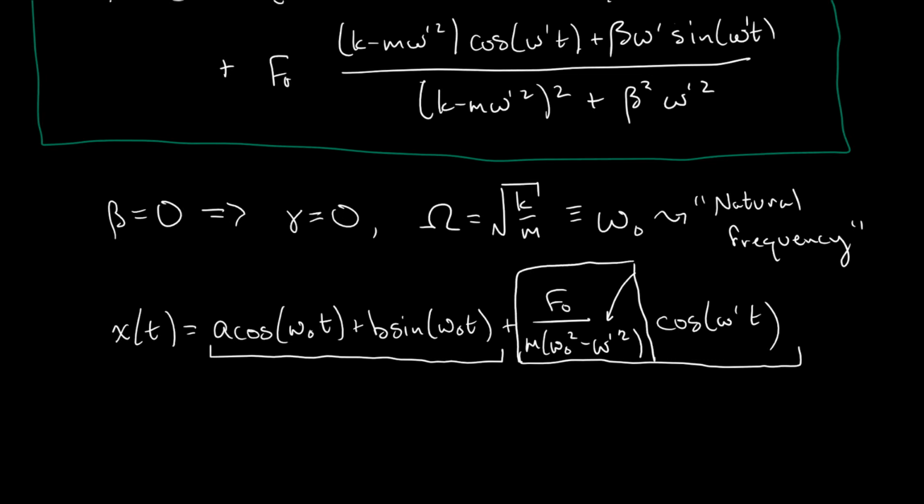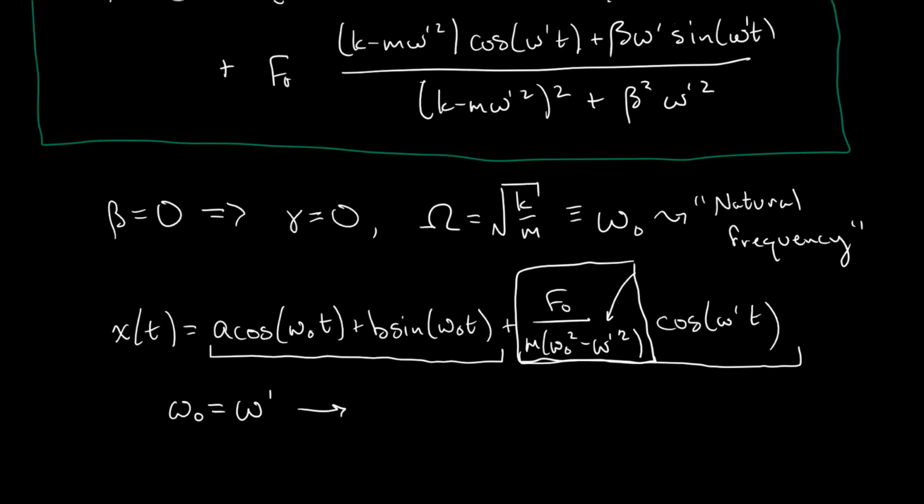This is essentially the amplitude of the contributions from the driving force. So as I bring this driving frequency closer and closer to the natural frequency of the spring, this driving force becomes more and more relevant. And in particular, you see that it blows up when omega naught equals omega prime.